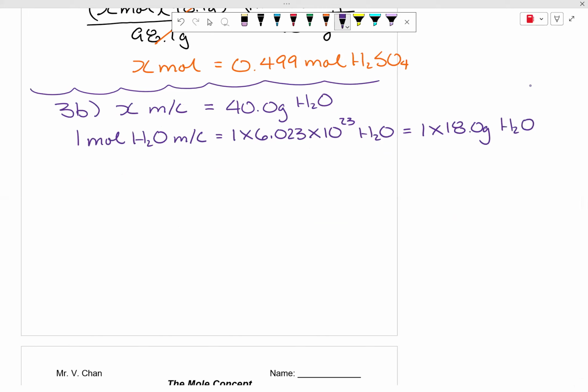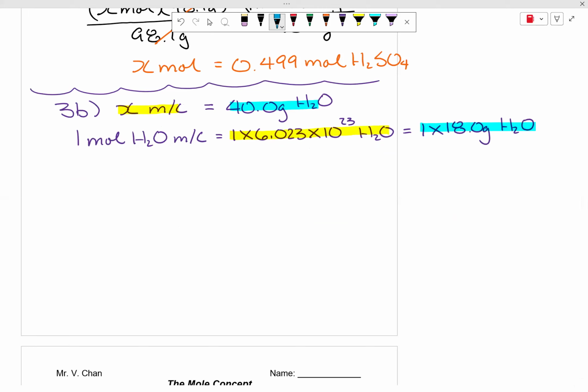Now in this particular case, I'm asking for the actual number, so I'm using this particular variable. And then I have 40 grams of water, then I use this one here.